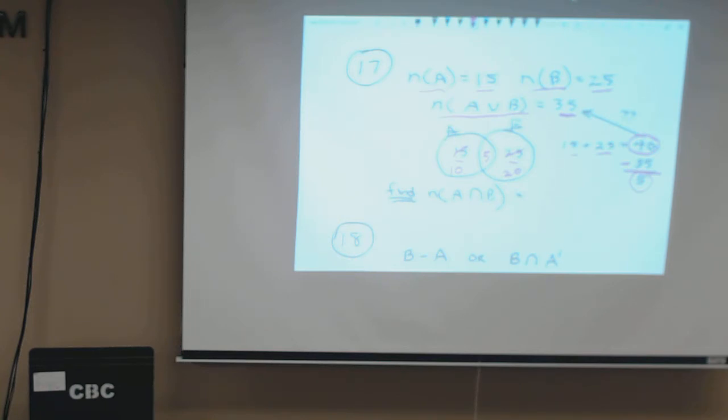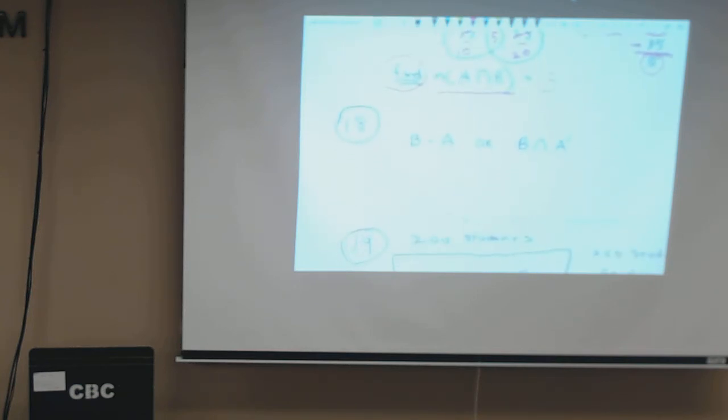Now, what do they want me to find? The number of elements in the intersection of A and B. And what is it? It's that number 5 that I found doing all this work over here. That one's giving somebody a headache. I can tell by the looks on your faces.